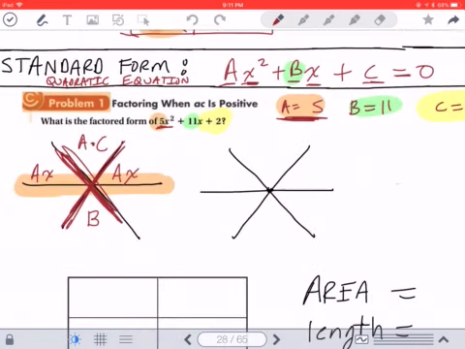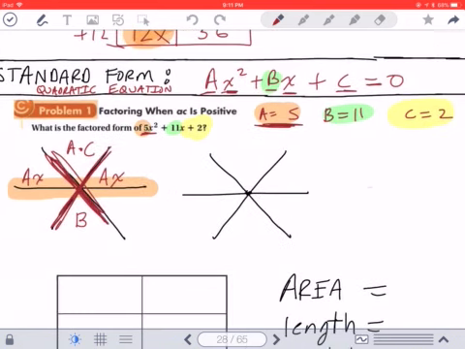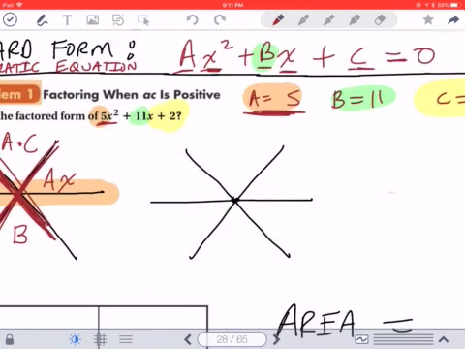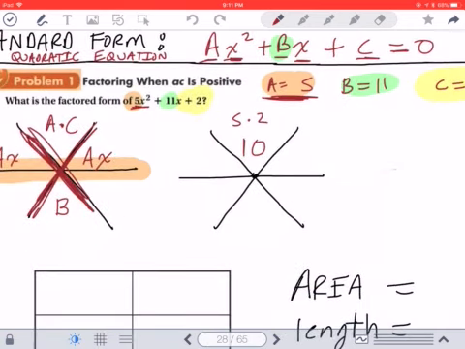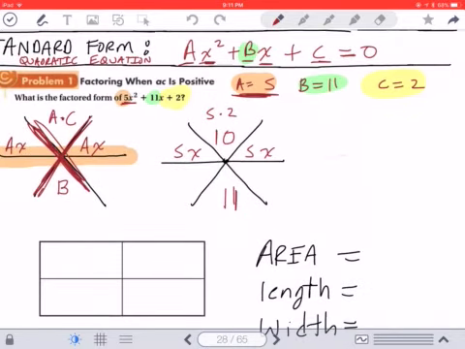So let's figure this one out. a times c is going to be 5 times 2, so this is going to be 10. And then my b value is 11. I'm going to write 5x right here and 5x right here. So I have 11 right here. And then I have to think about what multiplies to 10 and adds to 11.